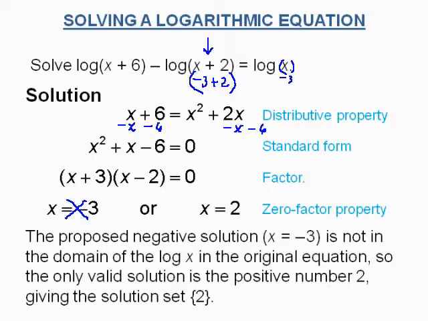And if you want to check that, you can. If you plug 2 in here for x, try this on your calculator: the log of 2 plus 6 is 8, minus the log of 2 plus 2, which is 4, equals the log of 2.